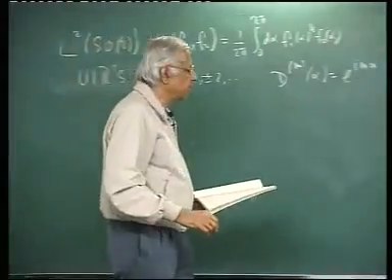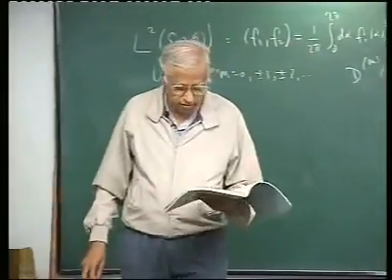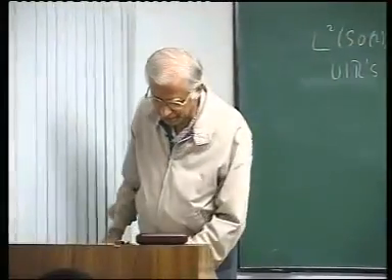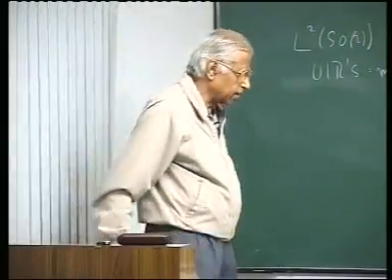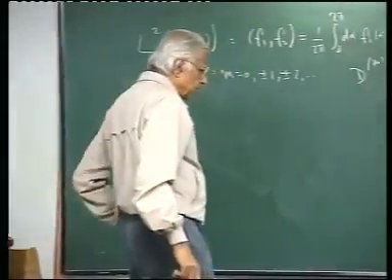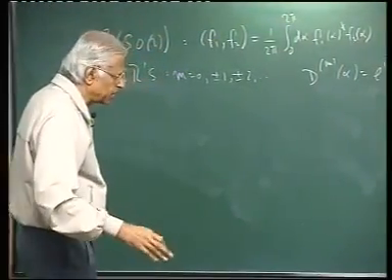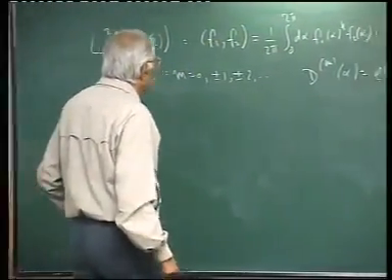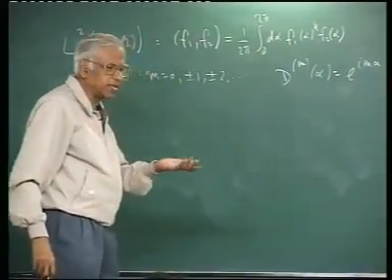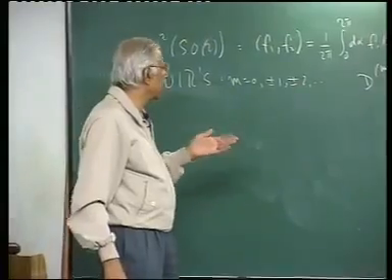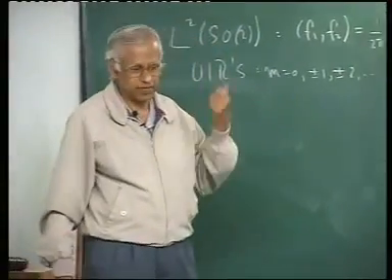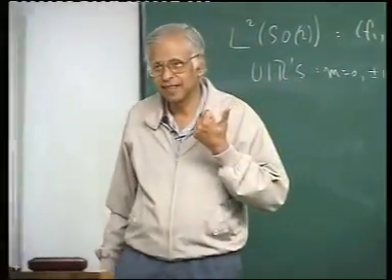If you go back to the definition of the group SO2, and I will not write it again, it was defined as a group of real 2 by 2 rotation matrices, proper rotations. It is in the complex sense not an irreducible representation. It is a direct sum of two of these things. Which ones?